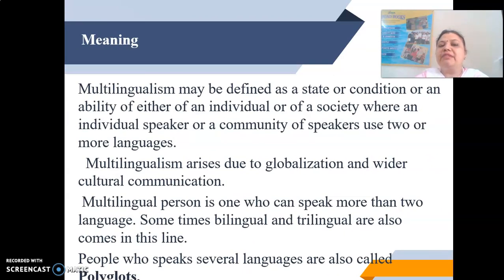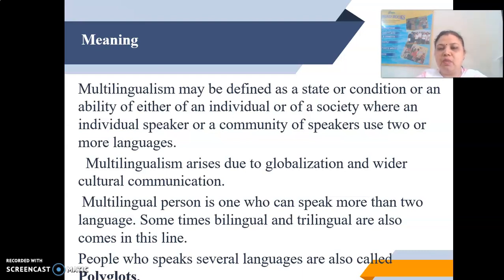It may be defined as a state or condition or an ability of either an individual or a society where an individual speaker or a community of speakers use two or more languages. Multilingualism arises due to globalization and wider cultural communication.